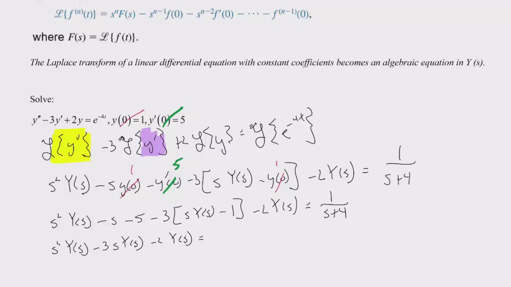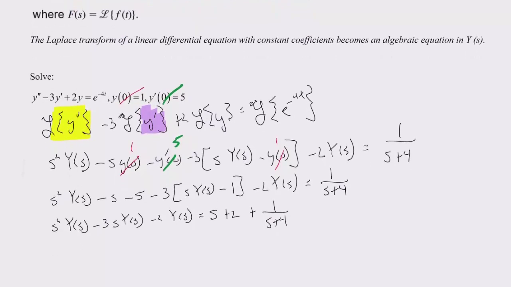And then that minus s becomes a plus s, so that's going to be s plus 2 plus 1 over s plus 4. And then let's factor out that y of s. So y of s times s squared minus 3s minus 2 equals s plus 2 plus 1 over s plus 4.